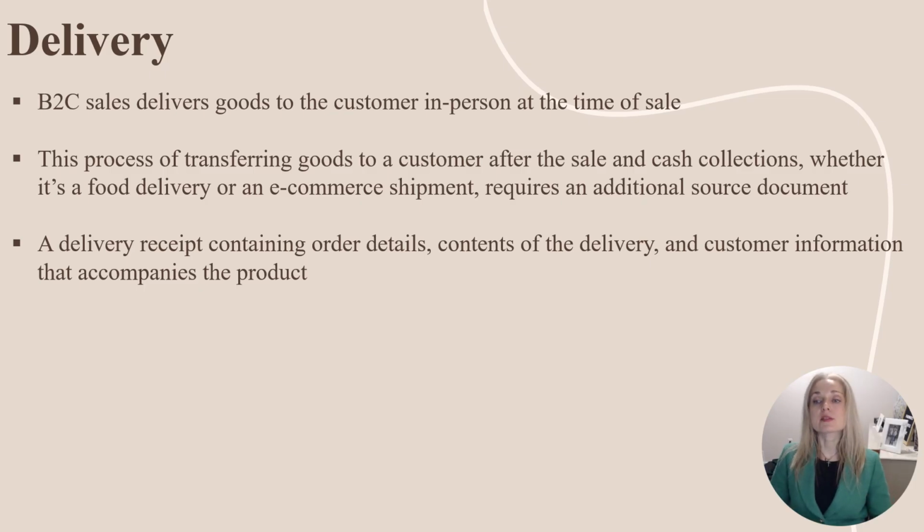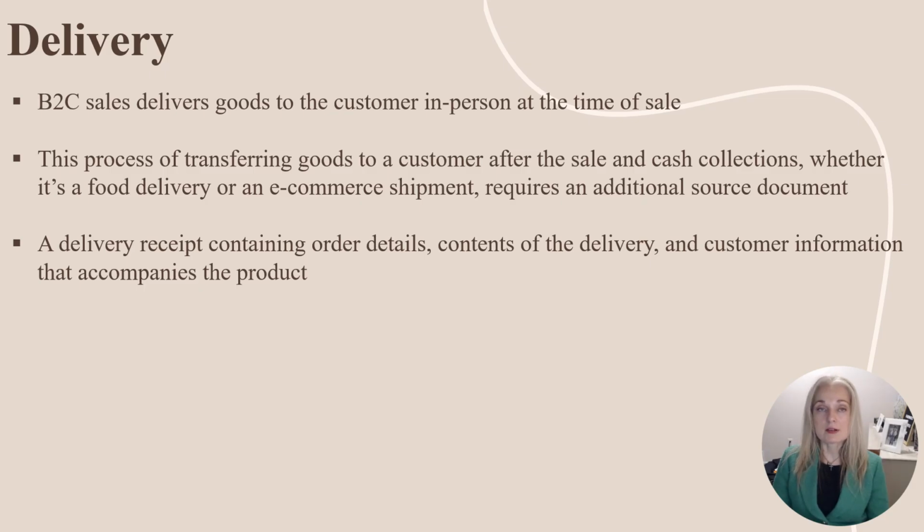So when it comes to delivery, two things can happen. Delivery can occur at the point of sale, and this occurs when you are having a sale in person. Alternatively, there might be a process of transferring goods to the customer after the sale and collecting the cash, and this would occur when there's some kind of delivery.